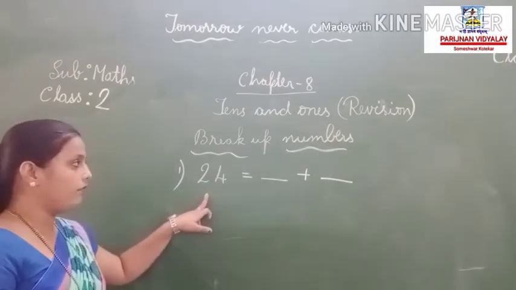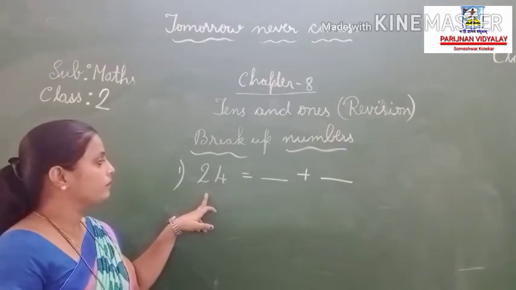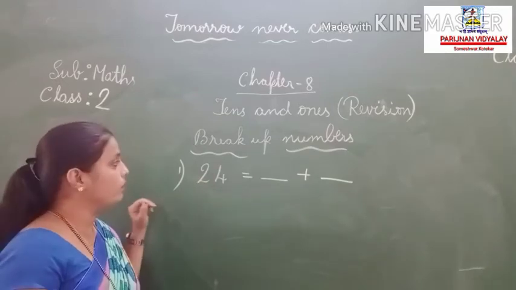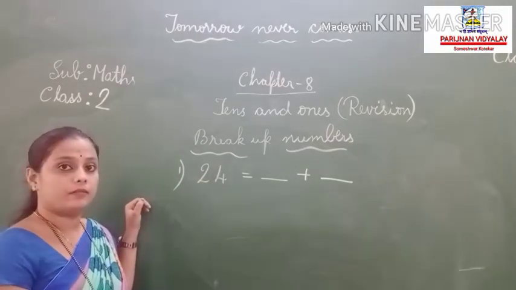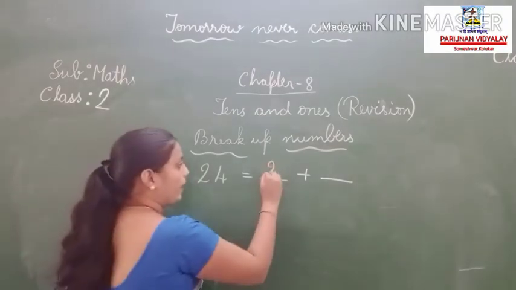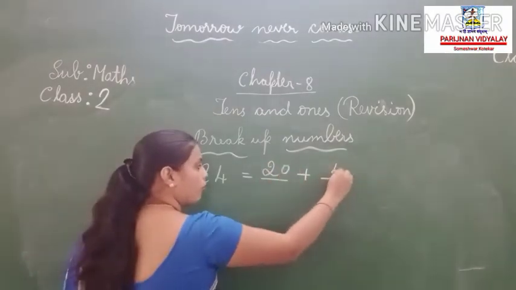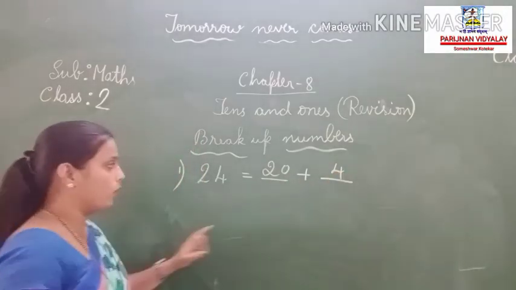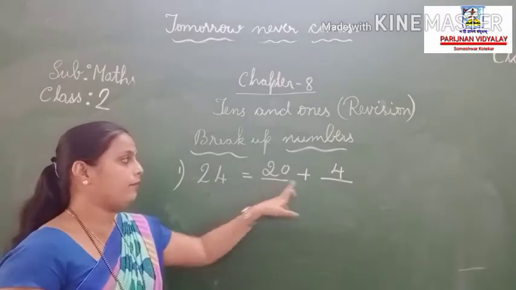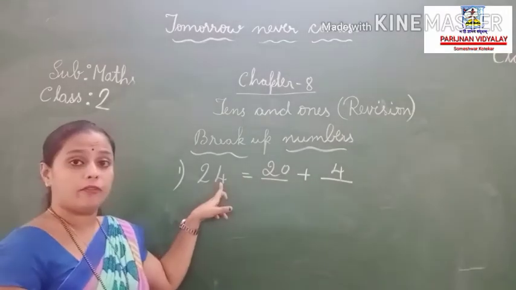Tell me, 24 means 2 tens and 4 ones, right? 2 tens means 20. 20 plus 4, 24. So 20 plus 4 makes 24.